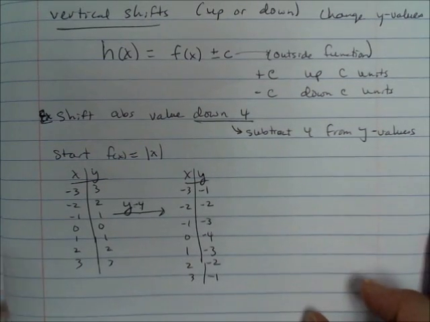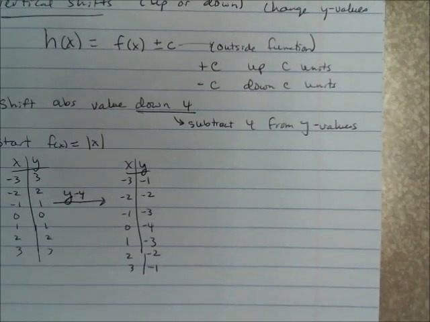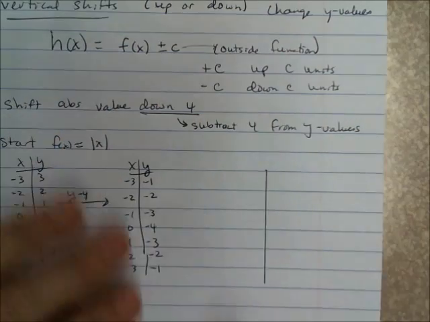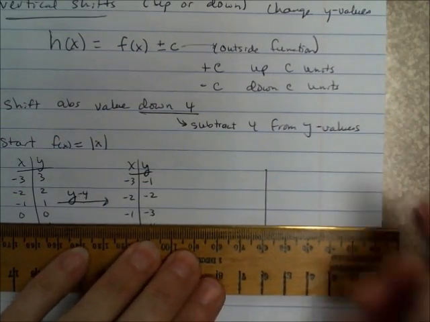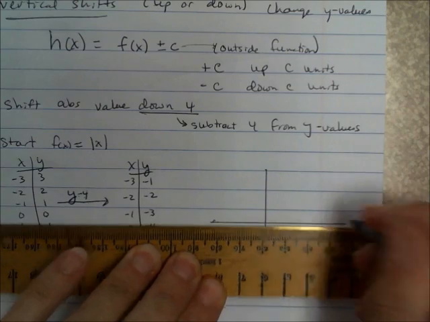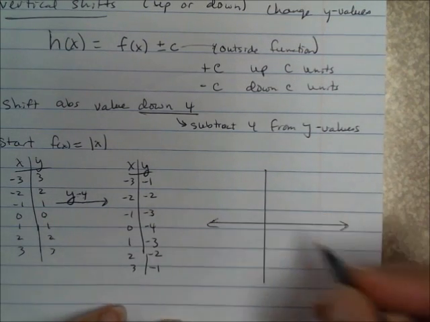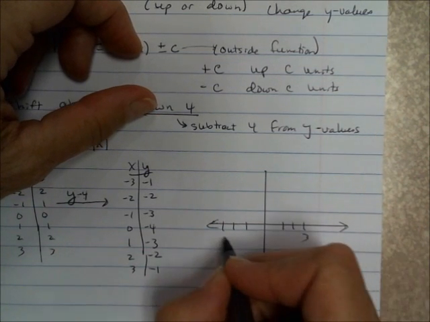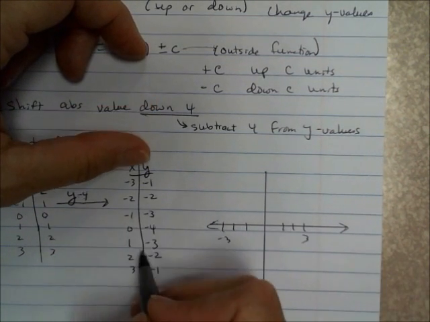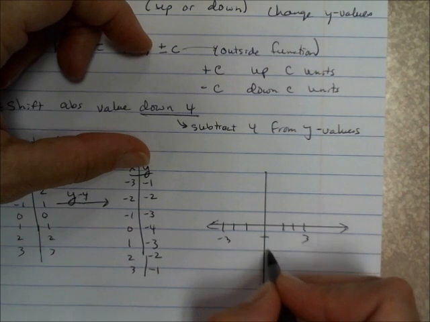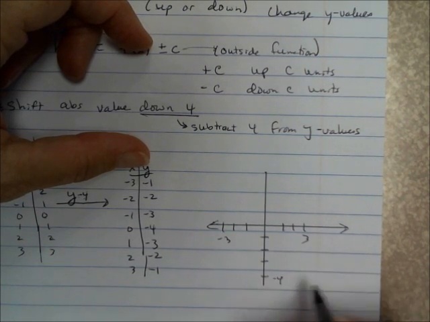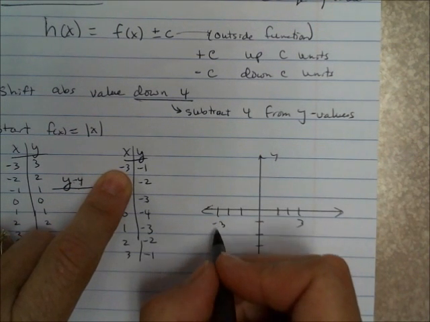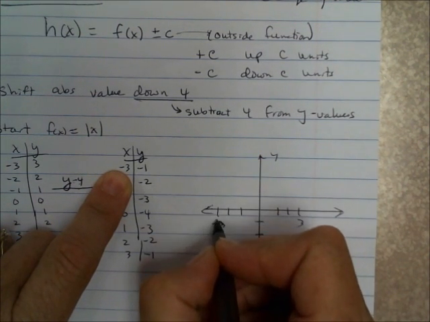So now let's set up our xy axis so we can graph this absolute value function. See, our x's go back to negative 3 and go out to positive 3. Now it looks like our y values go down to negative 4. So (-3, -1) is our first, whoops, it's kind of in the way of my point here.